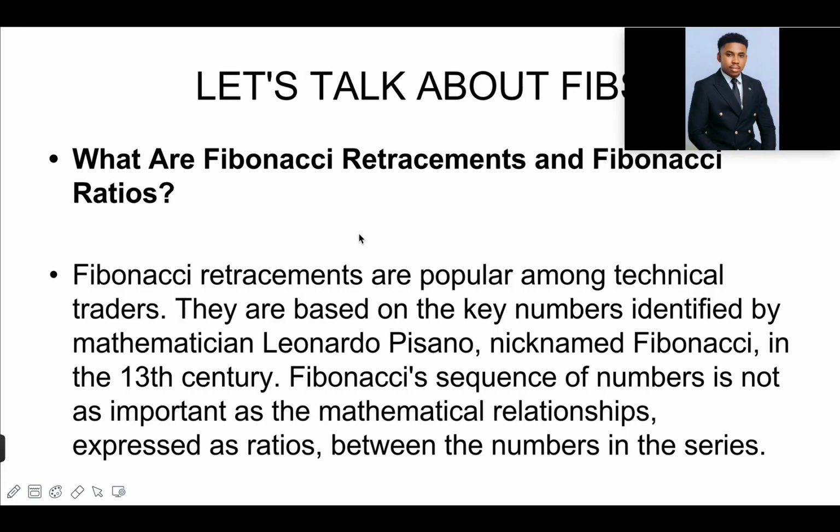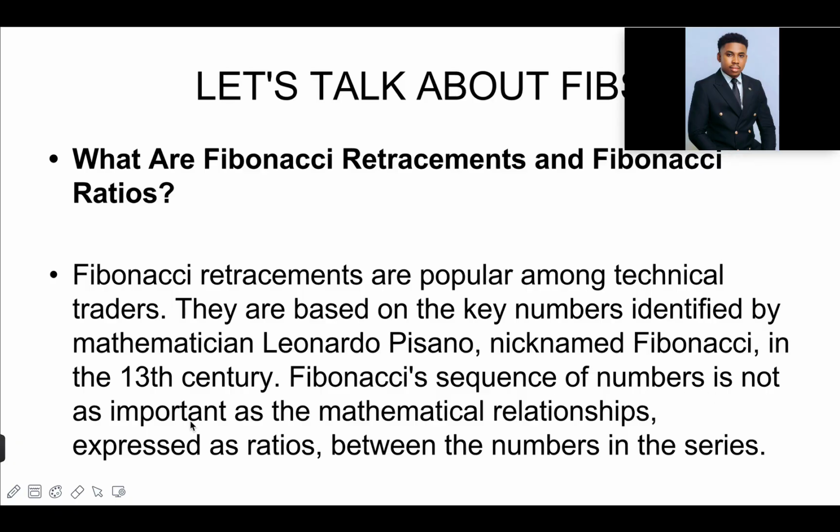Now let's talk about Fibs. Fibs stand for Fibonacci retracements. So what are Fibonacci retracements and Fibonacci ratios? Fibonacci retracements are popular among technical traders. They are based on key numbers identified by the mathematician Leonardo Pisano, nicknamed Fibonacci, in the 13th century.